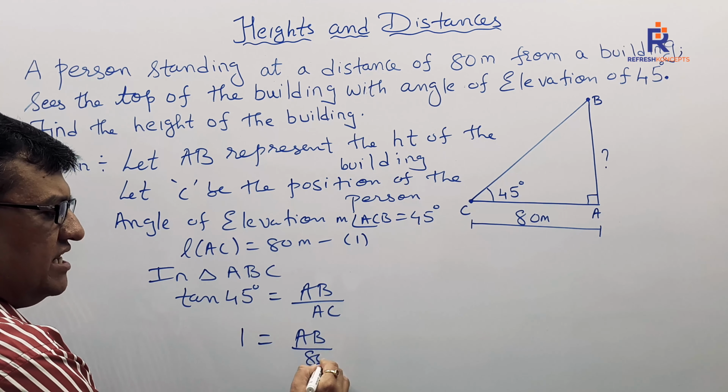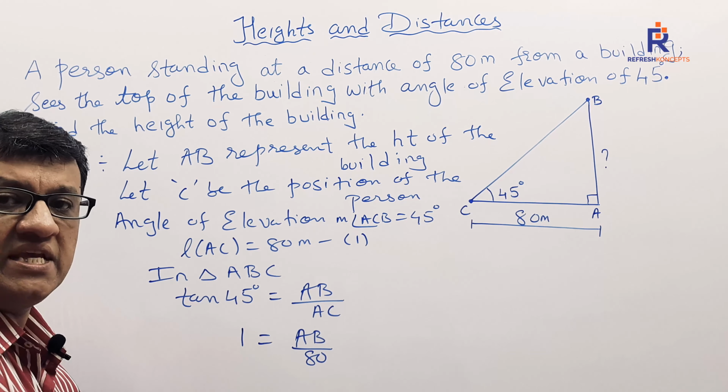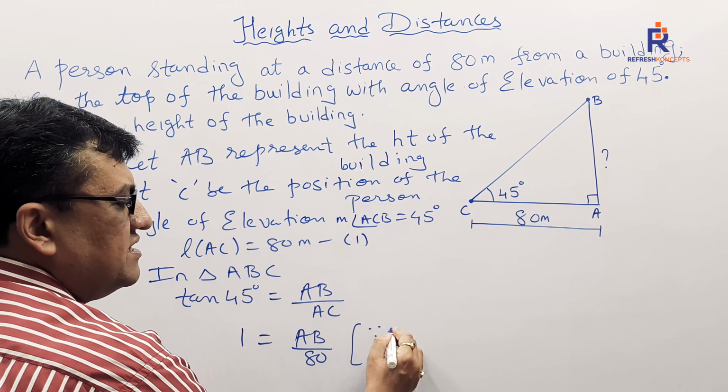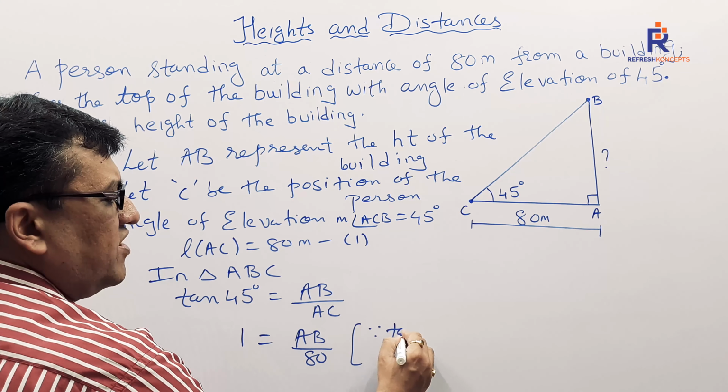AC is 80, given to us. So I'll write down two reasons: since tan 45 equals 1, and given that AC equals 80 meters. You can also write from equation 1, because we jotted it down as equation number 1. Cross multiplication will take place. AB is equal to 80 meters.